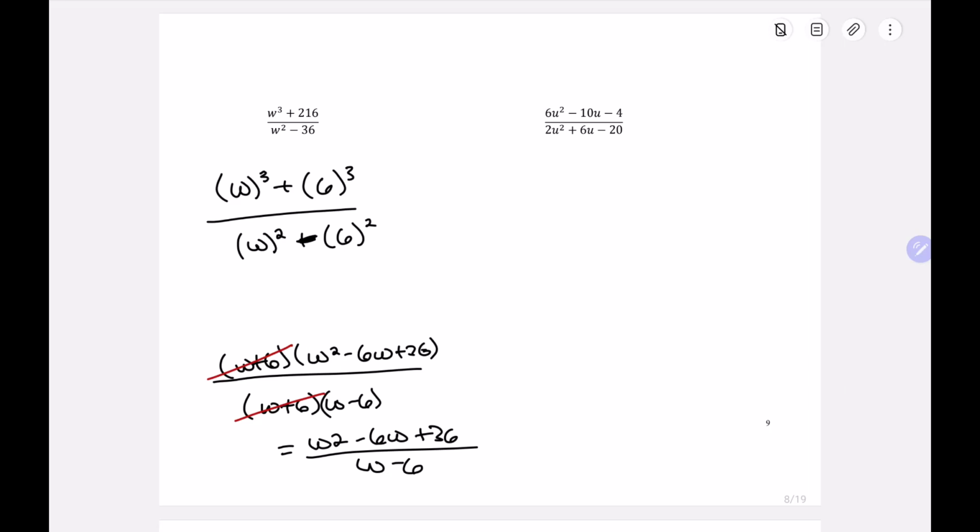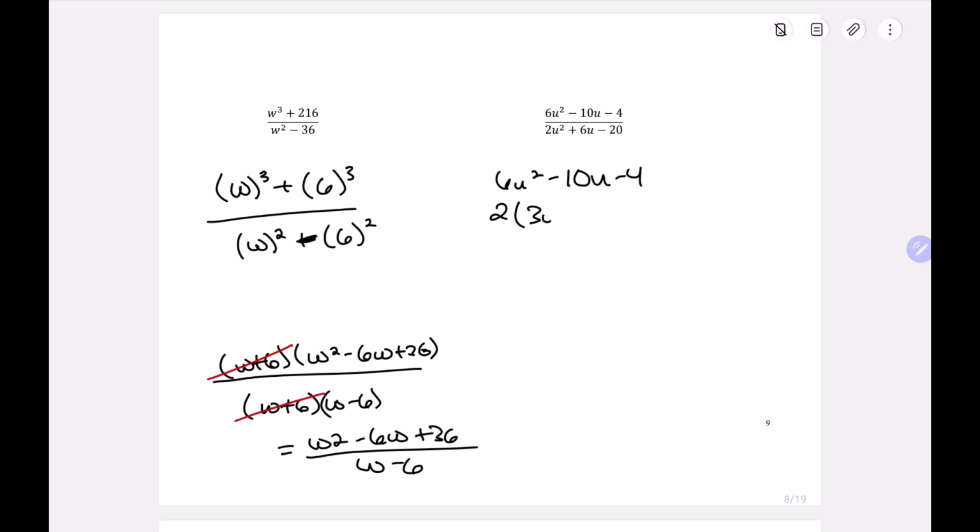Next, we have 6u squared minus 10u minus 4 all over 2u squared plus 6u minus 20. If we look at factoring the top, so 6u squared minus 10u minus 4, we can see that we can pull out a 2.